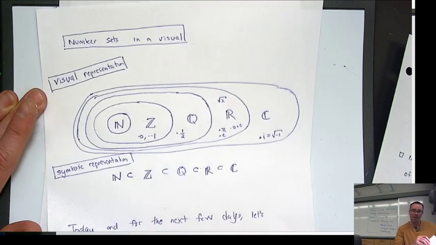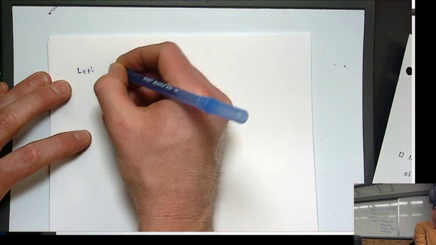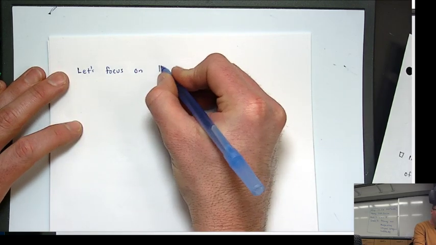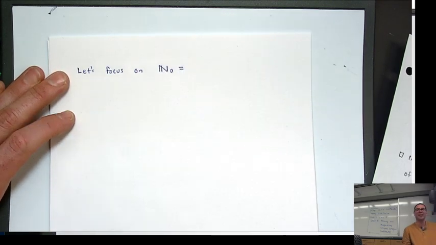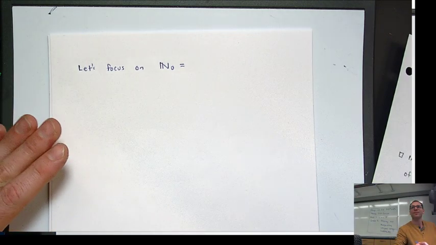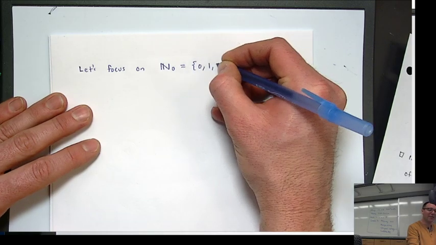All right. So the first thing that I want to talk about is something called the decimal number system. So let's focus on n sub 0. What was n sub 0 again? Yeah, the non-negative natural numbers.